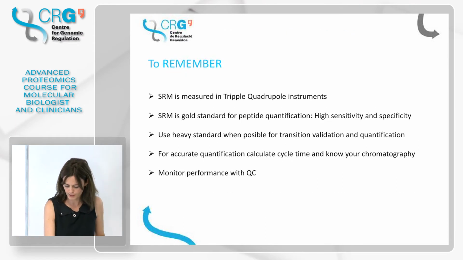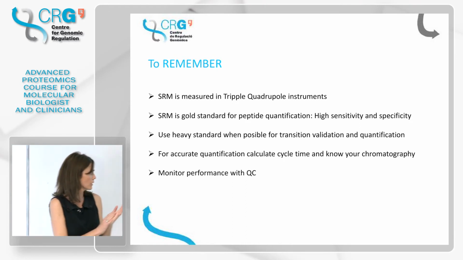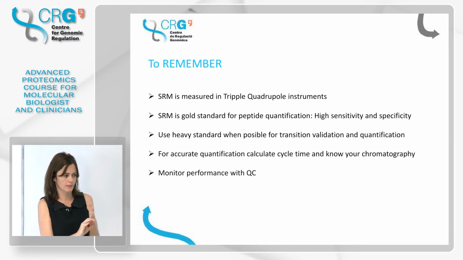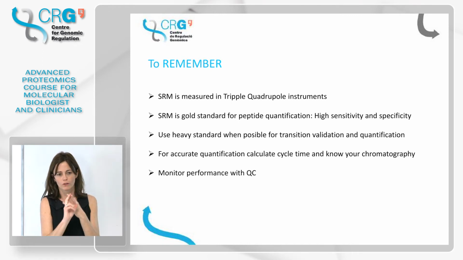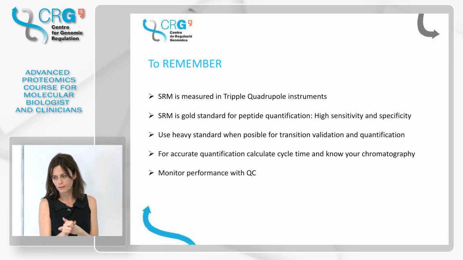Okay, so these are just some thoughts to remember about this talk. SRM, measuring with triple quadrupoles, is the gold standard for quantification; use heavy peptides, know your chromatography, use quality controls.